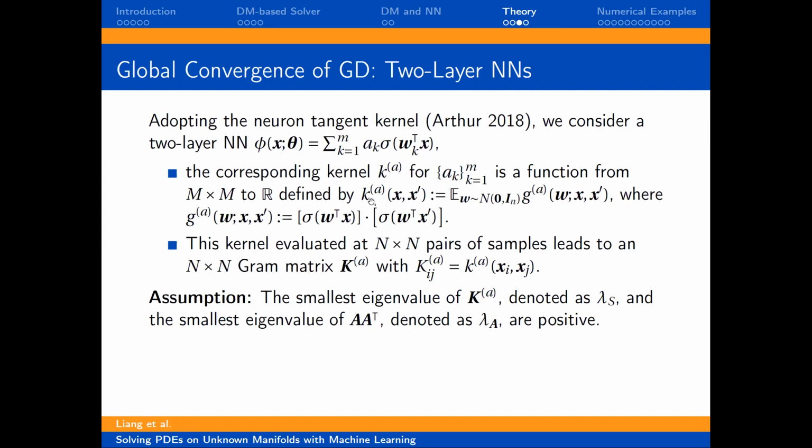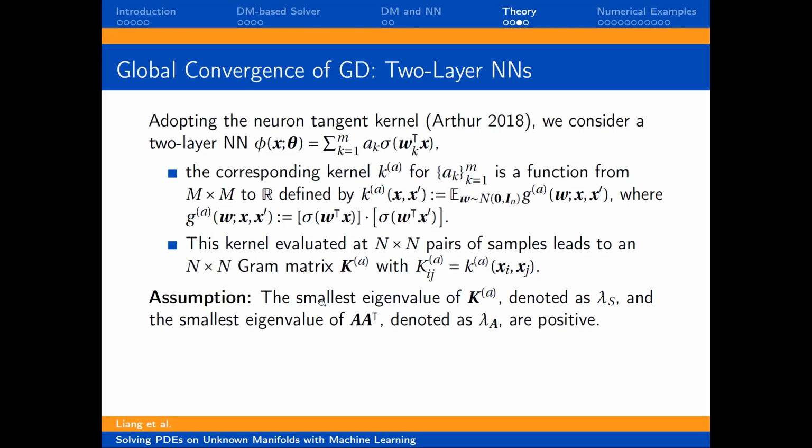The kernel for the parameter a is equal to the expectation of G_a over the random variable w, where w follows the standard normal distribution, and G_a is the product of these two functions. We can evaluate the kernel on the training samples, which leads to the n by n Gram matrix K_a.